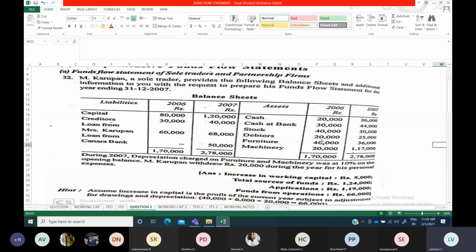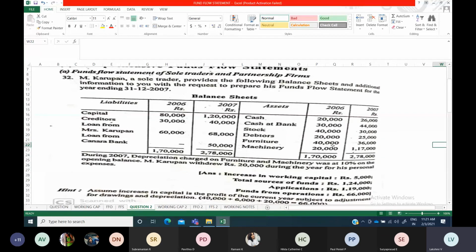Sometimes they may give an amount, so that you will not get confused then. Suppose if a percentage is given, you have to calculate on the opening balance. Even if they do not give the opening balance, you have to calculate depreciation on the opening balance only. If they are not mentioning also, better to provide depreciation on the opening balance. Because two amounts are there, you will get confused which amount to calculate this 10% on. You have to always calculate on the opening balance.